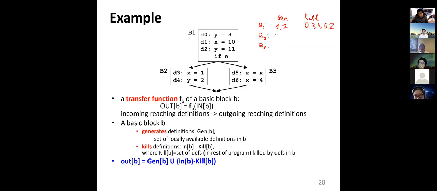So gen will just be D3 and D4? Yeah, so 3 and 4, right? And that's correct. How about kill set? Anyone wants to try? So it's like D0, D1, D2, and then D6.